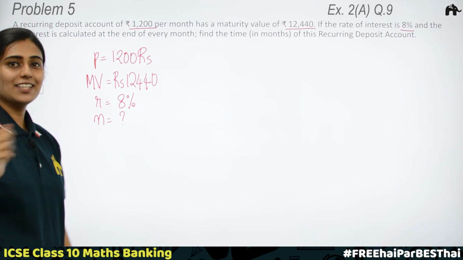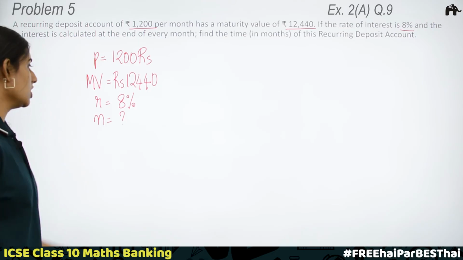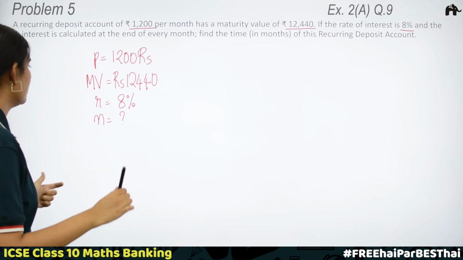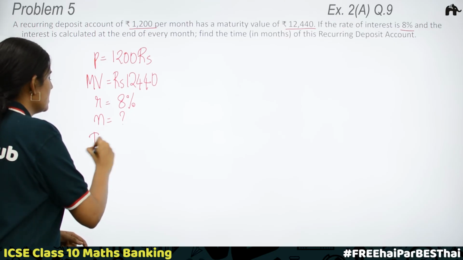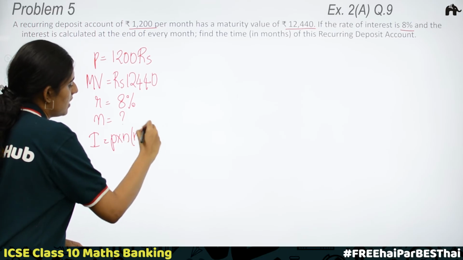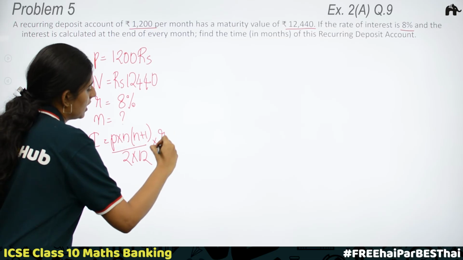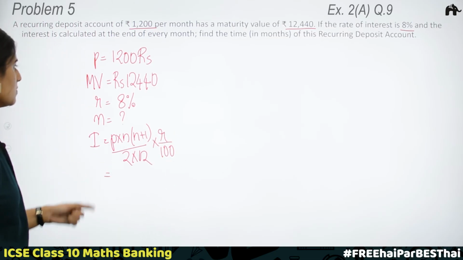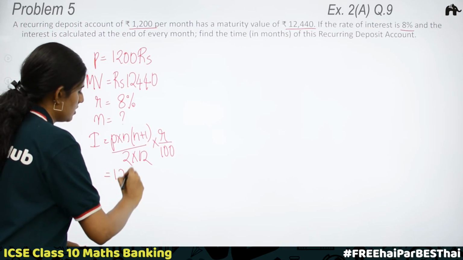This is somewhat a lengthy problem, that is, solving a quadratic equation in order to find N. We have solved a similar example. Yeah, let's find the answer. We have interest is equal to P into N plus 1 divided by 2 into 12 into R divided by 100, which is equal to, substituting the values, P is 1200.